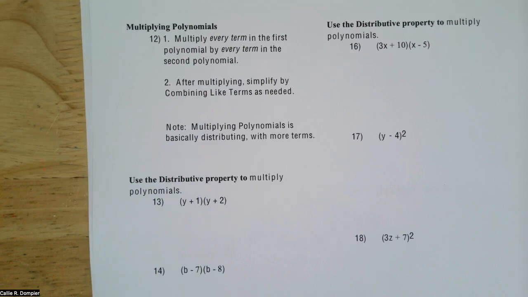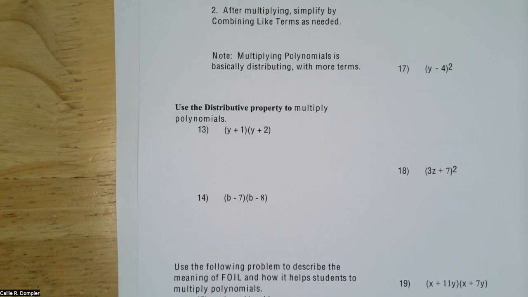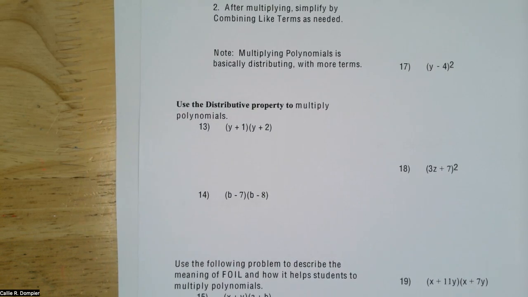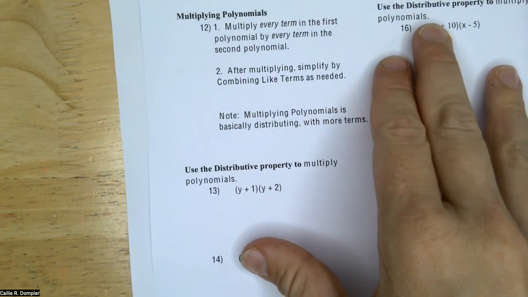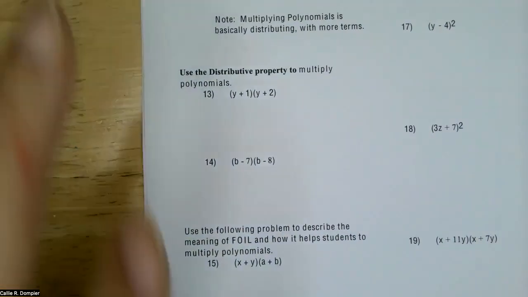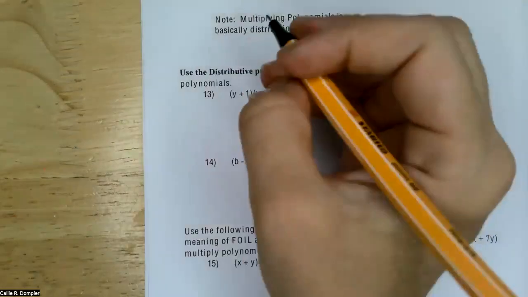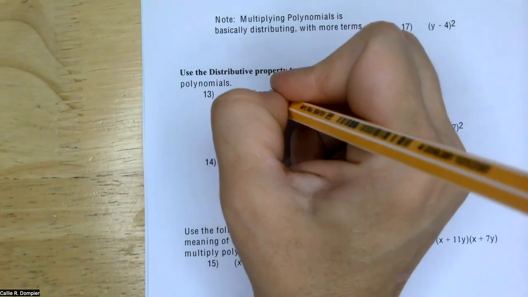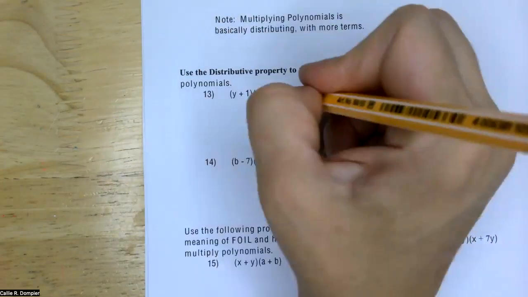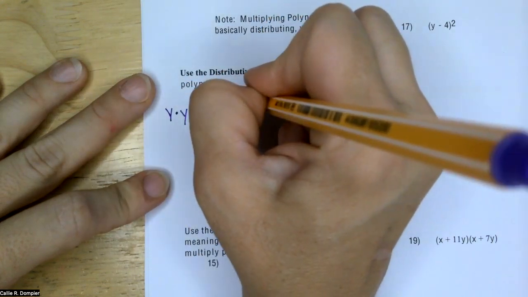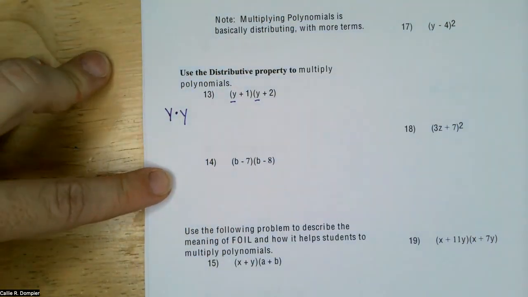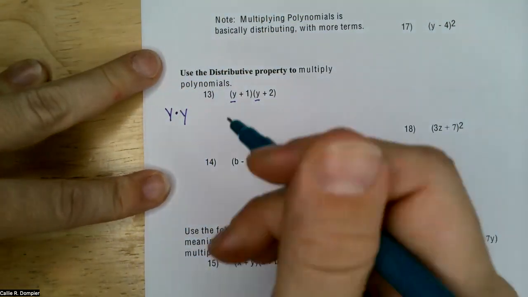Let's use the distributive property to multiply polynomials. Multiplying polynomials is distributing with more terms, okay? Y plus 1 times y plus 2. We're going to take y times y. Okay? And then we're going to do y times 2.